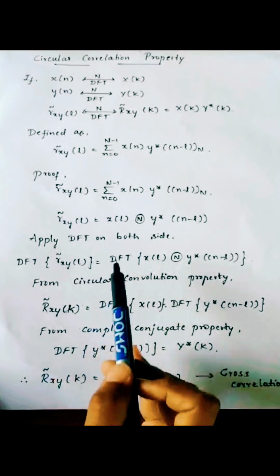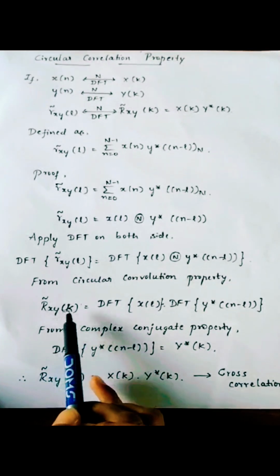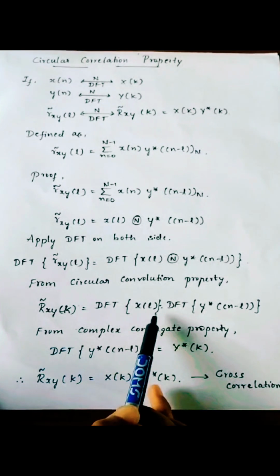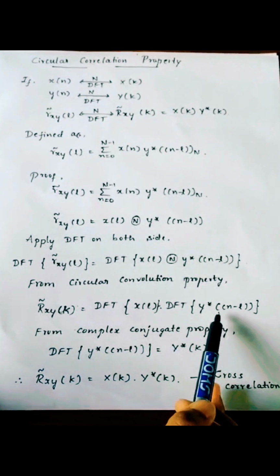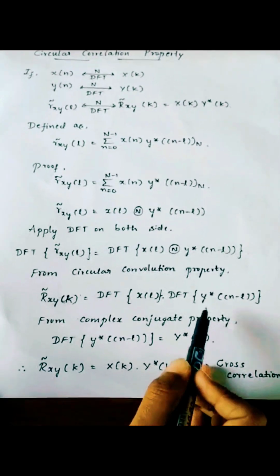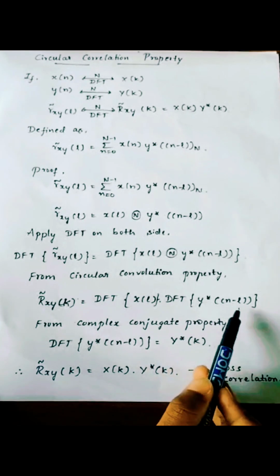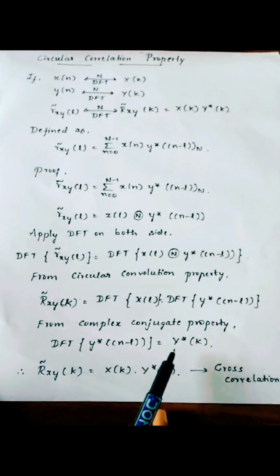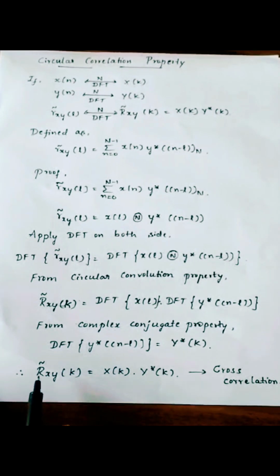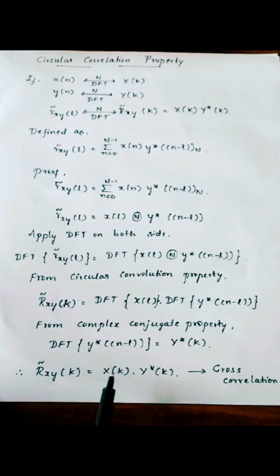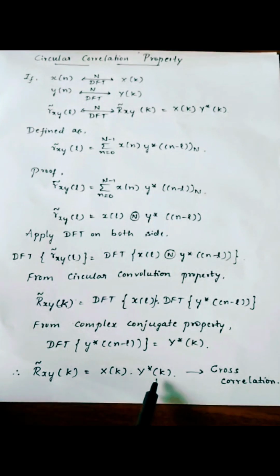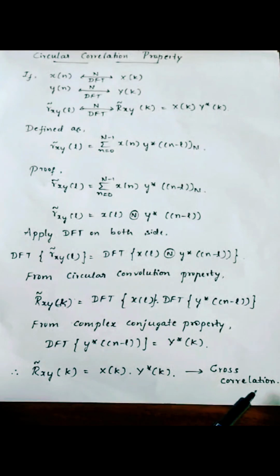Then this equation is written as R xy of k tilde equals DFT of x of l into DFT of y conjugate of n minus l. From the complex conjugate property, this DFT of y conjugate of n minus l can be written as Y conjugate of k. Hence, the final expression becomes R xy of k equals X of k into Y conjugate of k. This is the expression for the cross correlation.